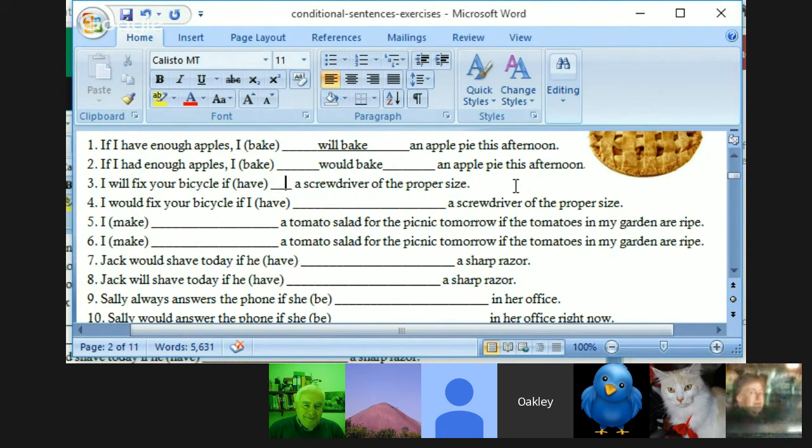So it's simple present tense. And we need the subject now. If I have. Okay. That's it. We can't have would or will after if.